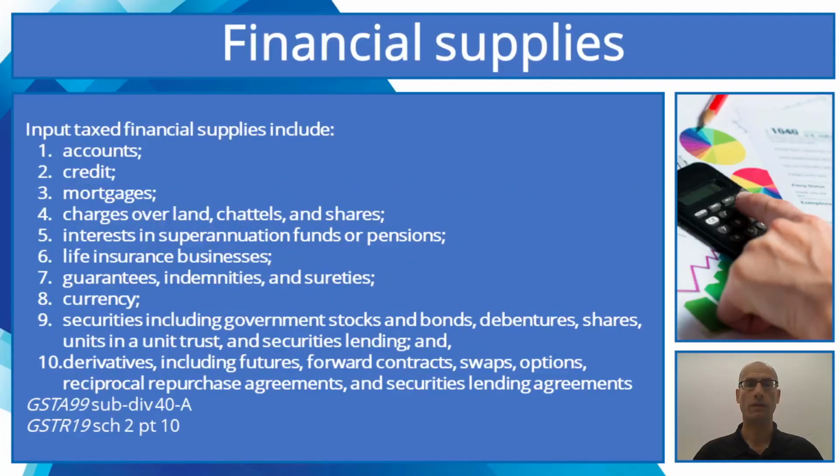When we're looking at financial supplies, which again are input taxed, so in other words, not subject to GST, and you can't claim input tax credits in regards to those transactions, it has a very broad definition. Financial supplies are going to include credits, mortgages, any form of derivatives, guarantees, the transfer of currency.